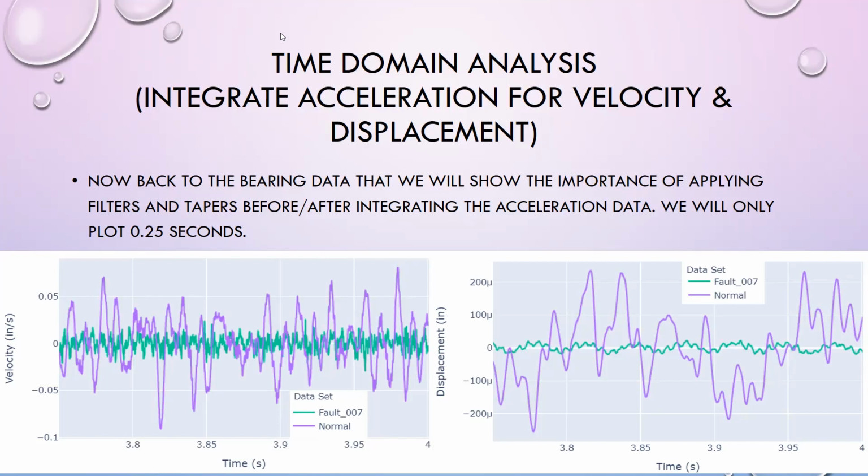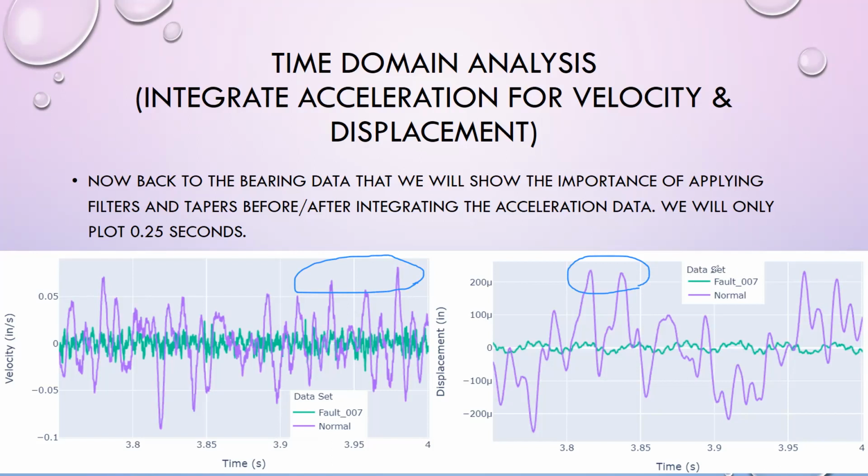But there is an important point here. When you compare the purple one, which is the normal one, you will see we have some peaks in the displacement and also in the velocity. I mean, when you calculate the integral for two different signals, the green one is the fault 007.